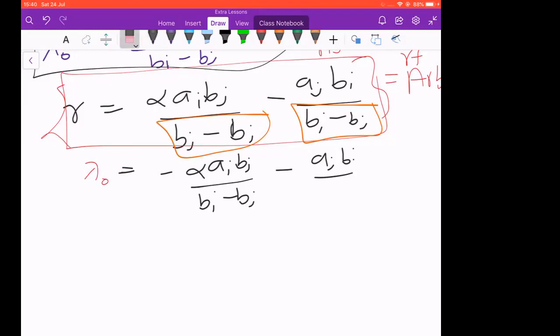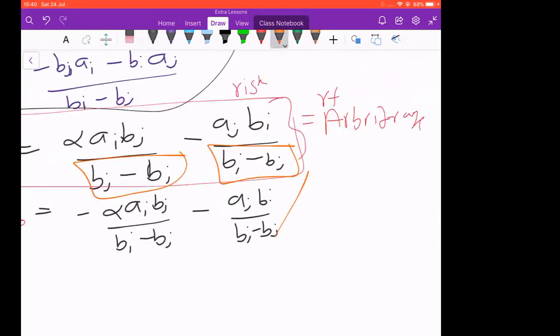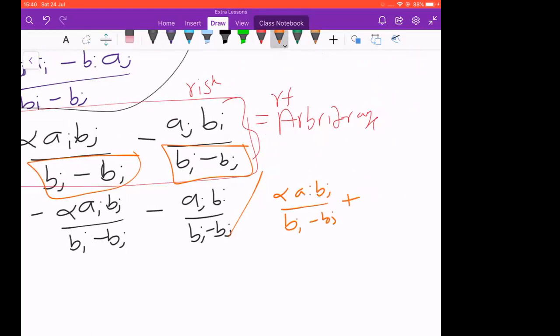so it will depend on how you want to put it down yourself. So again, if you want, you can basically write it like this. You can see that alpha ai bj over bj minus bi is going to be equal to plus aj bi over bi minus bj.